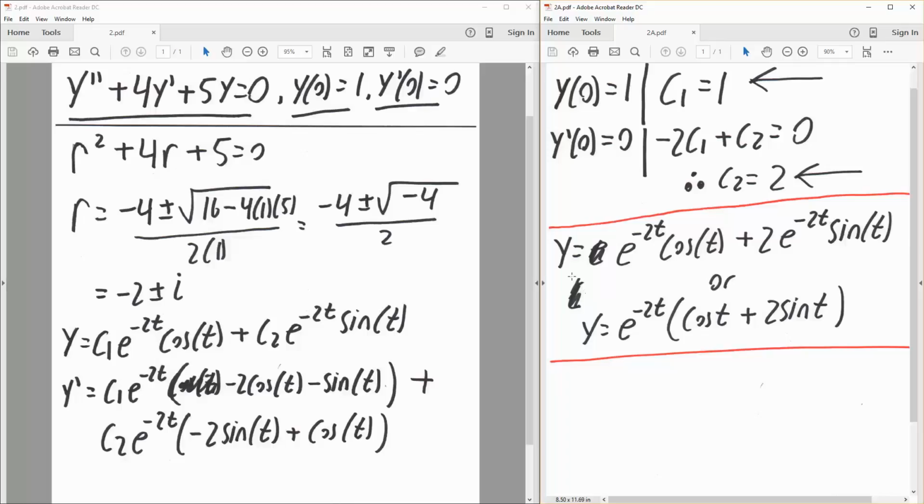Our final equation, since c1 is 1, will be y = e^(-2t) cosine t plus 2e^(-2t) sine t, or we could factor out the common factor of e^(-2t) and say y = e^(-2t)(cosine t + 2 sine t). And that's all we need to do for this problem.